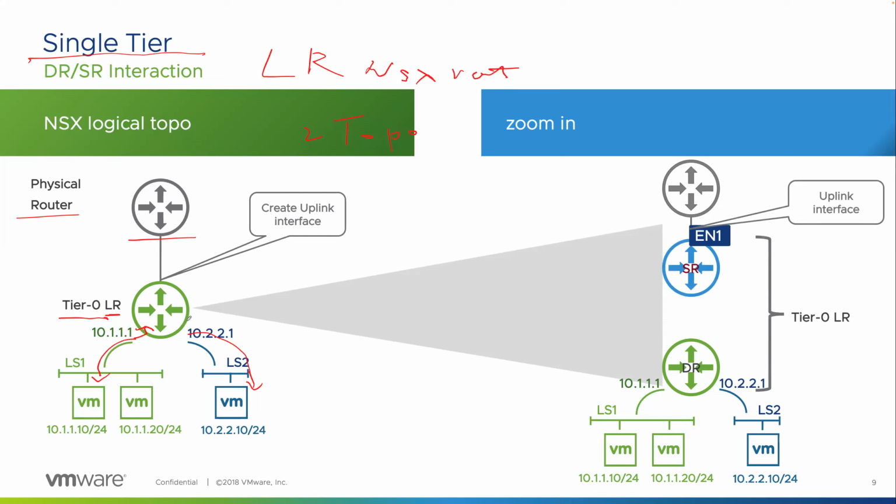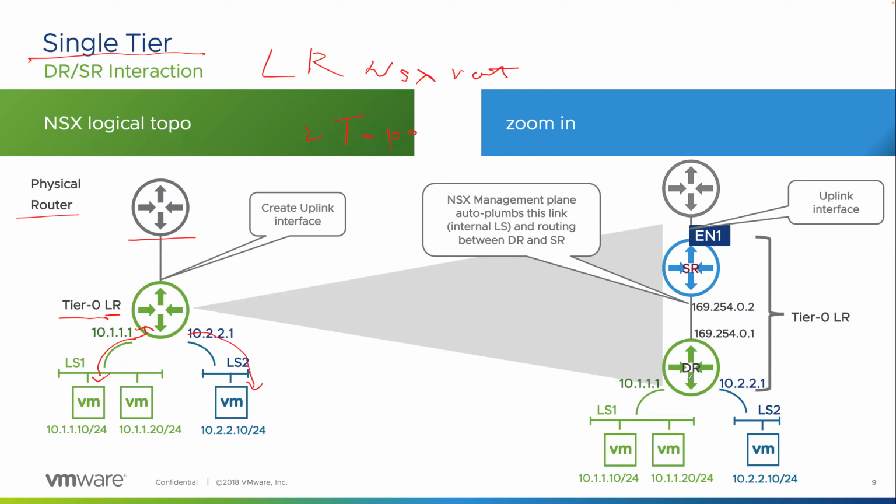As I said, every logical router has two components, DR and SR. So when we zoom into the tier 0 LR, we have DR and SR. DR will be located on every TN, and SR will be sitting on the edge node.